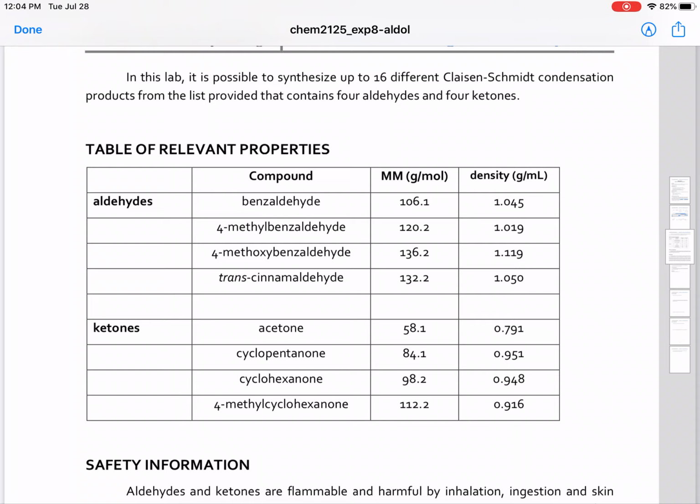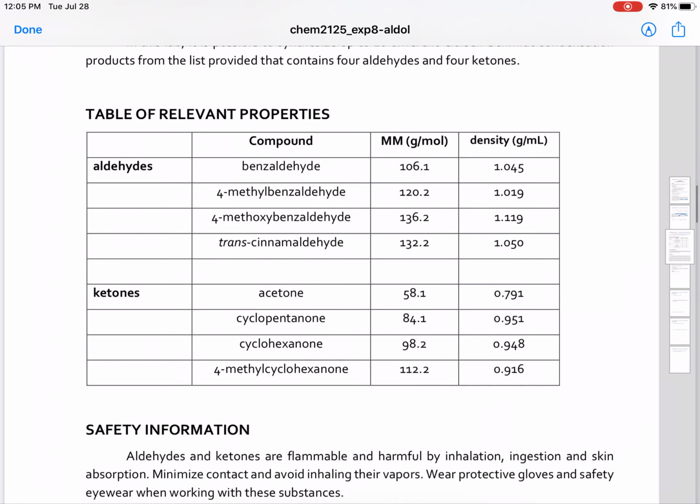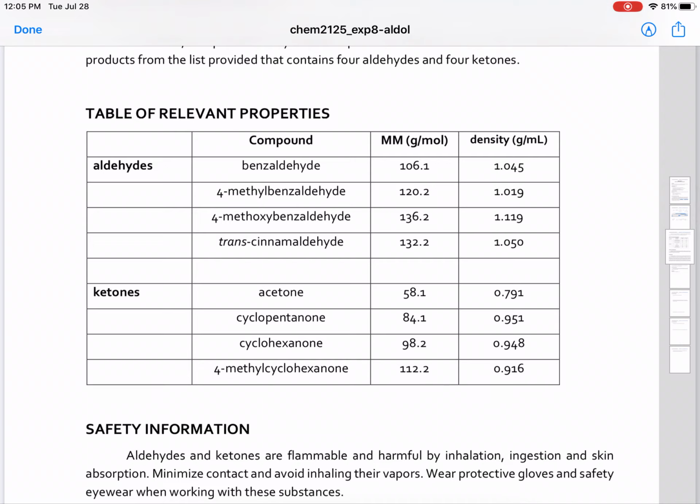Now, if we were to conduct this reaction in the lab, you can choose different combinations. Our whole class will not be doing the same one, but we can separate you, and then we can allow you to condense whichever aldehyde and whichever ketone you like.